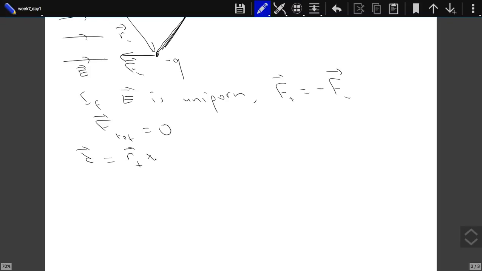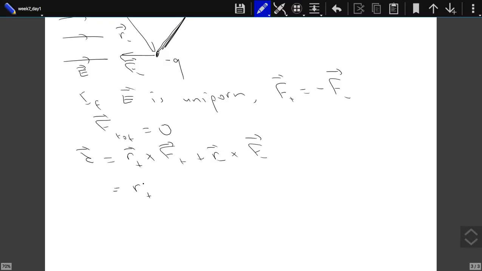This R plus cross F plus is the contribution to the torque due to the force acting on the positive charge, plus R minus cross F minus. This is the torque due to the force acting on the negative charge. But we know that F plus and F minus are just opposites of each other.